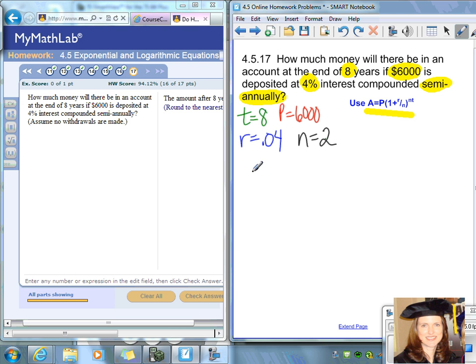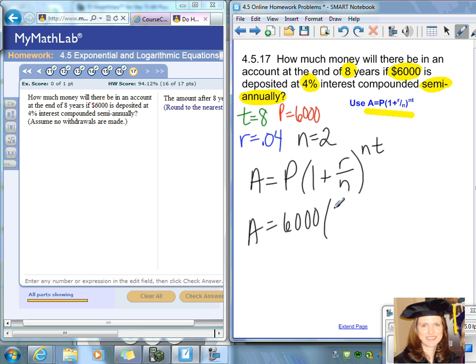Now you can plug in everything that you know into this A equals P times 1 plus r over n to the nt power. We get A equals 6,000 times 1 plus 0.04 divided by 2 raised to the 2 times 8 power.